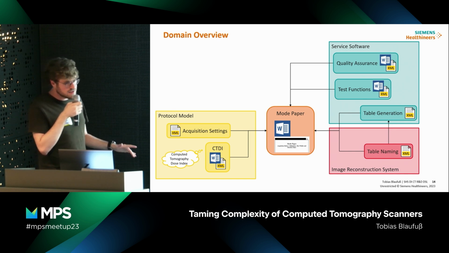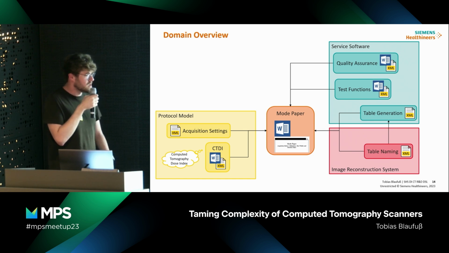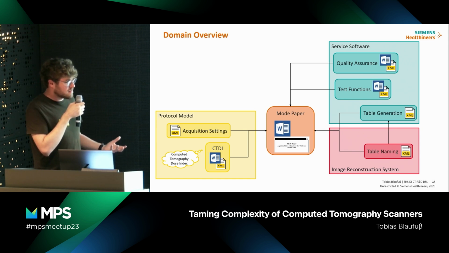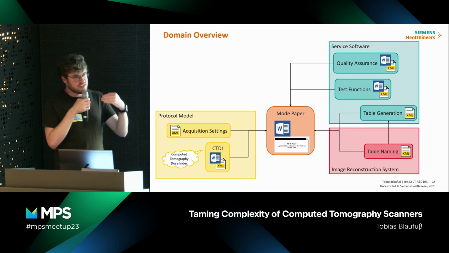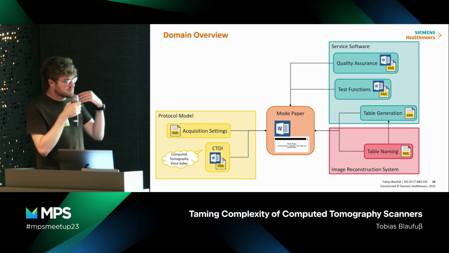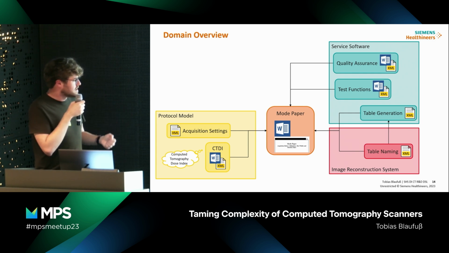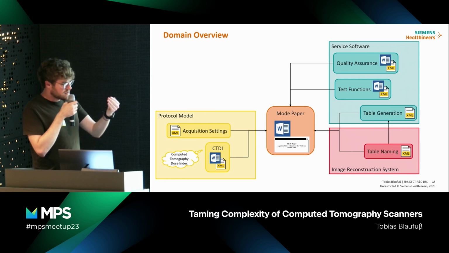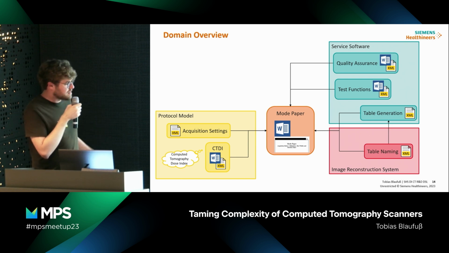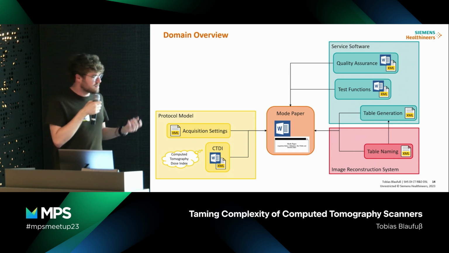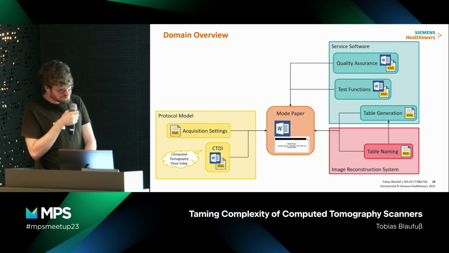Because if something is missing there, it might not be possible to reconstruct data. So you can imagine you scan the patient, you expose him to X-ray beams, and then you can't use this data. It's really a problem here.